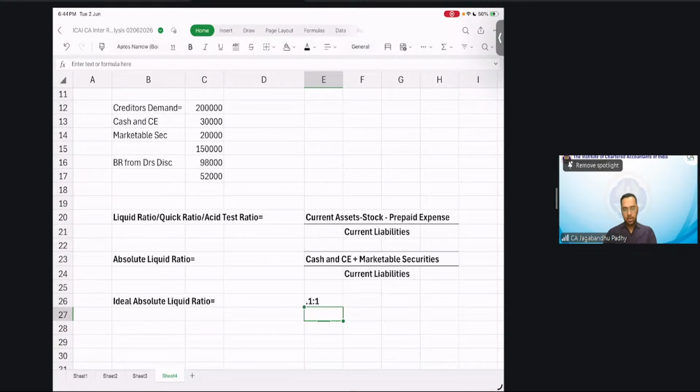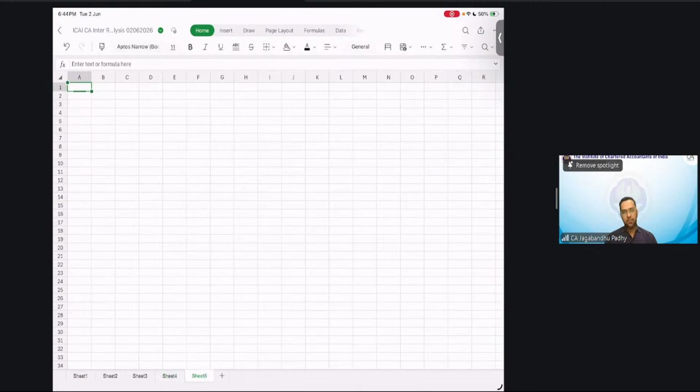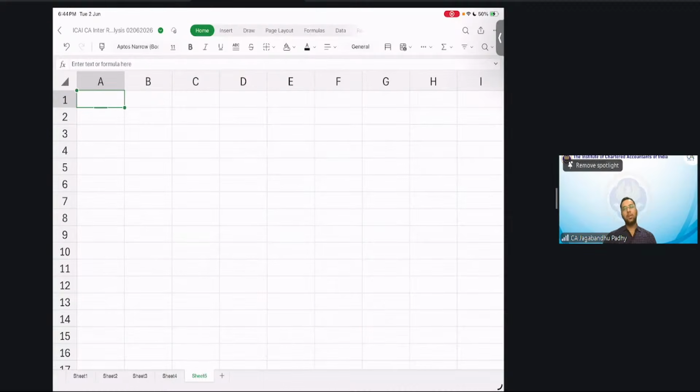But one perspective to measure the short-term solvency is to simply compare the assets and liabilities, right? Another perspective to that is to really check how much of quick assets do we have, or how much of cash do we have to bear our day-to-day expenses.